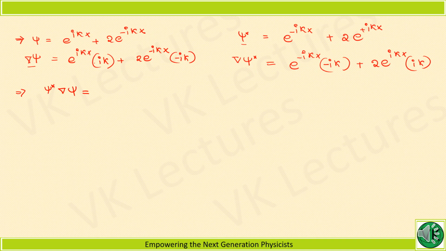So e to the power minus ikx plus 2 e to the power ikx times ik, which can be taken out, into e to the power ikx minus 2 e to the power minus ikx.